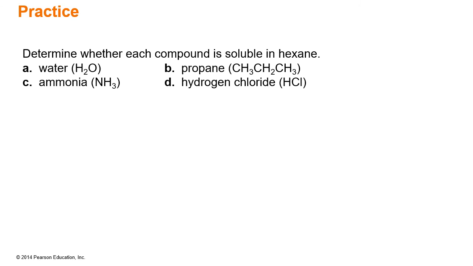Here's a practice for you. Determine whether each compound is soluble in hexane. Pause the video to determine your results. Hexane. Hex means that there are 6 carbons. Ane means they are all singly bonded.